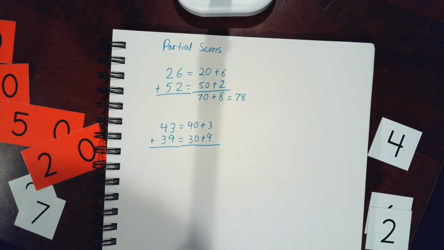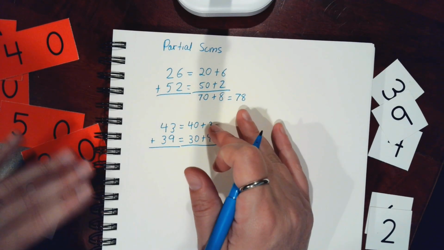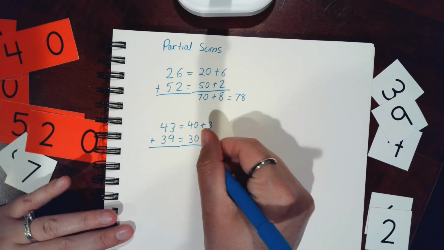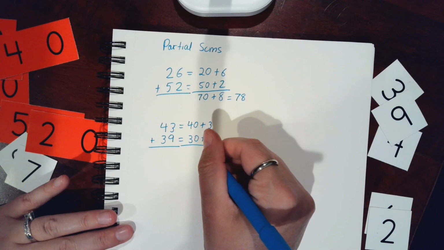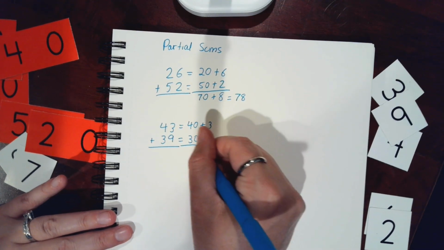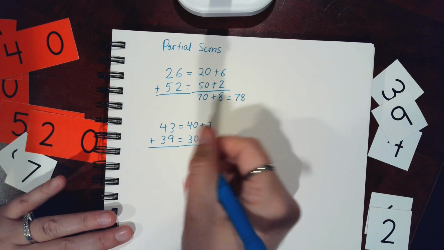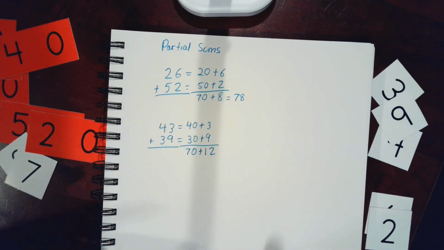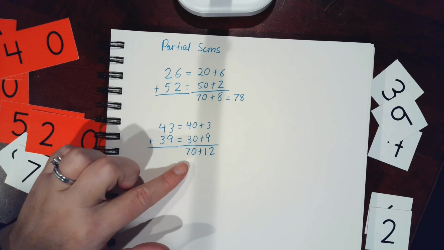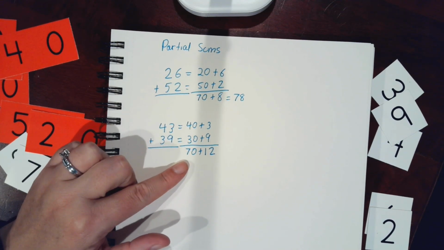Okay, again, I'm going to add. So 3 and 9 makes 11. I'm sorry, makes 12. And 40 and 30 makes 70. Well, this one looks a little different than this one. Why is this one different? What do you see that's different here?